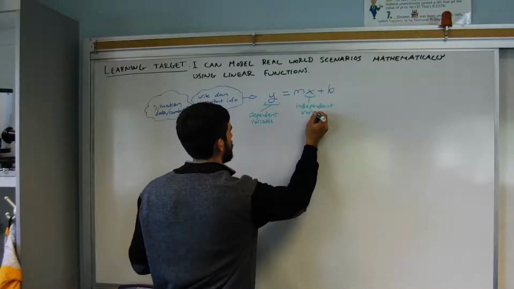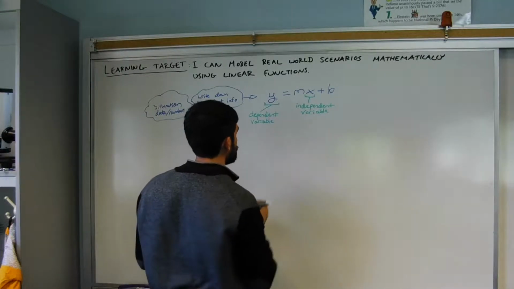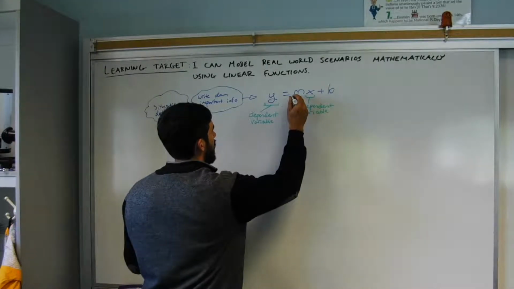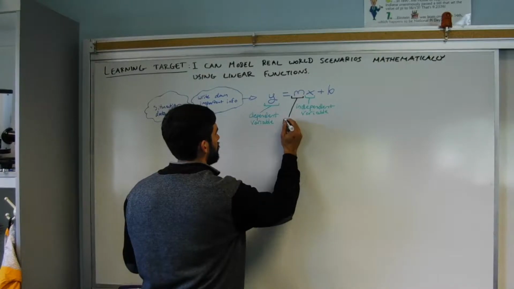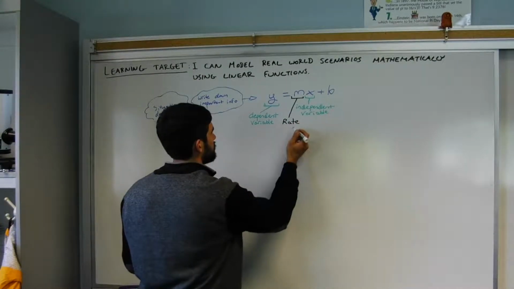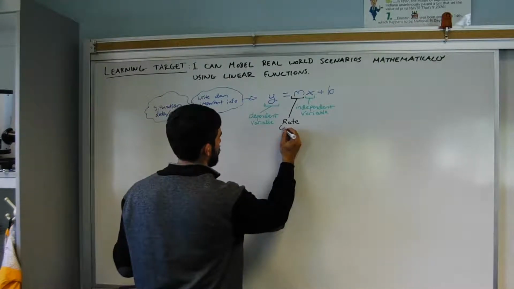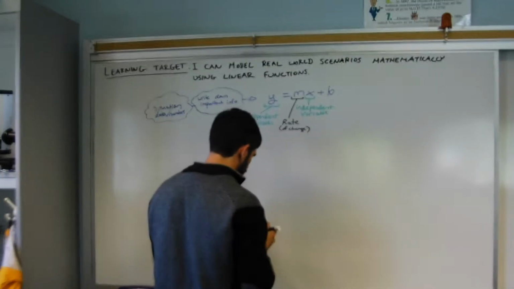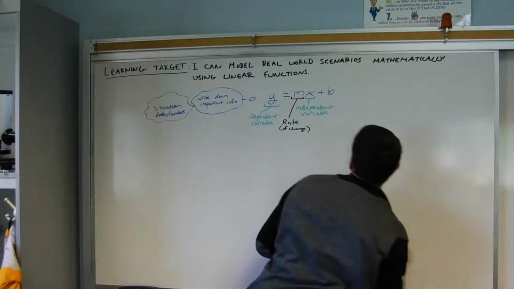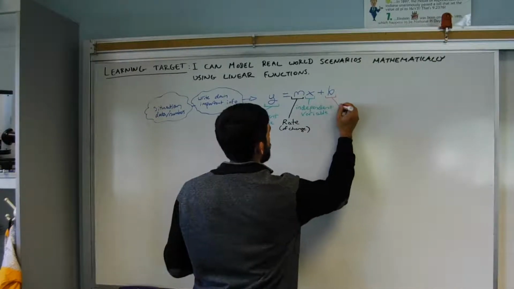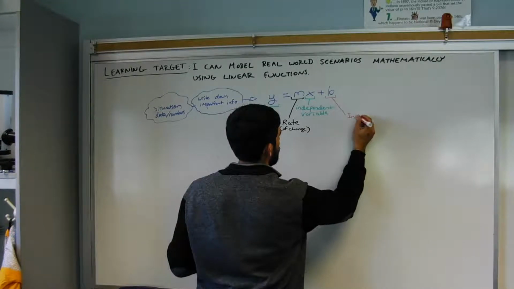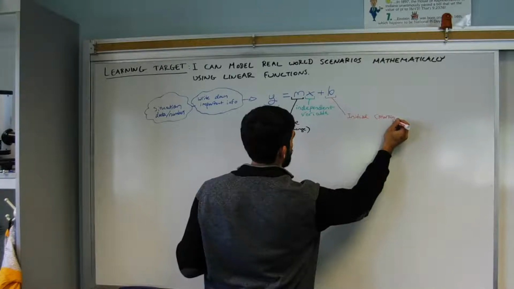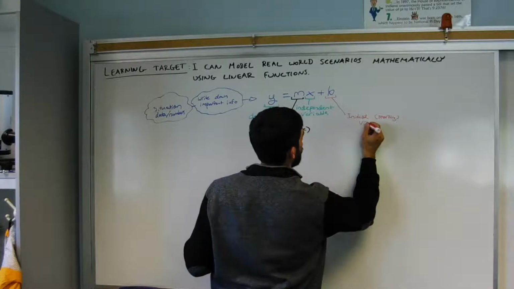Meanwhile, m, our slope, will be our rate, or we could write rate of change in parentheses. And b would be our initial or starting value.